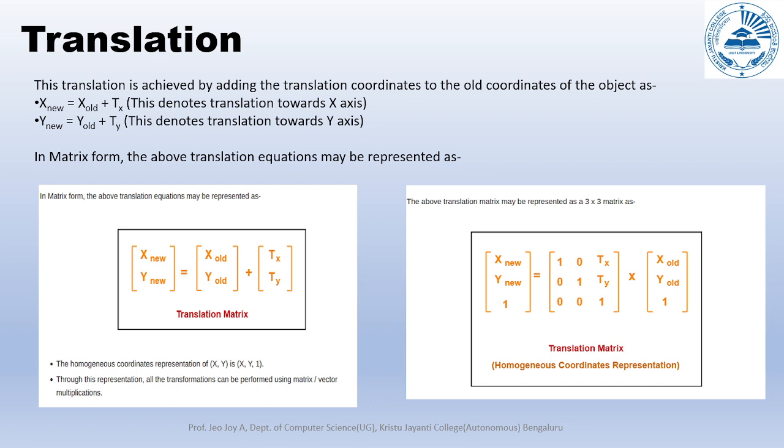That means in order to get the translated coordinates, we have to add the corresponding translation distances along the x and y directions.